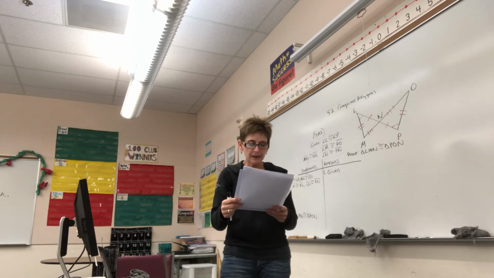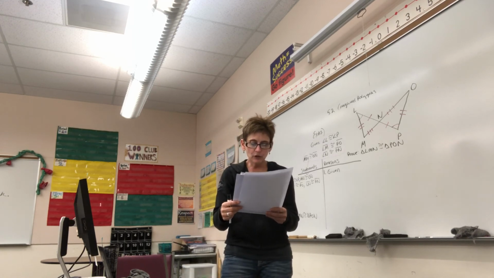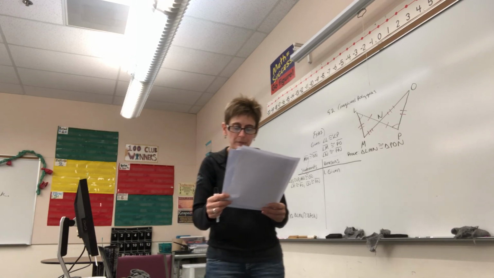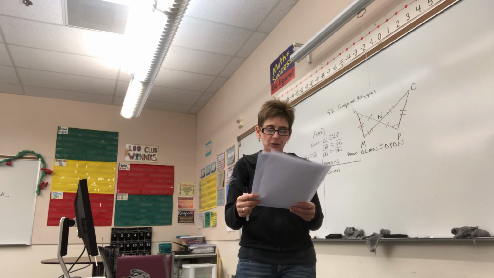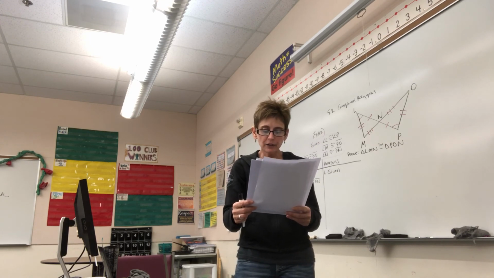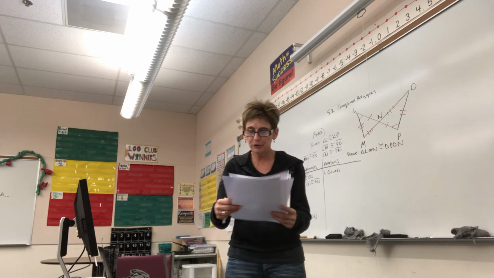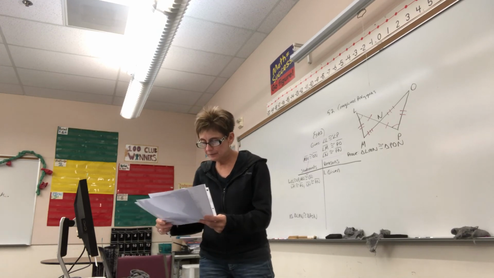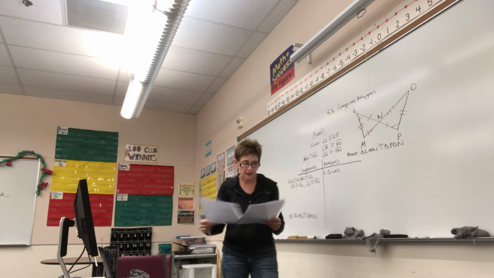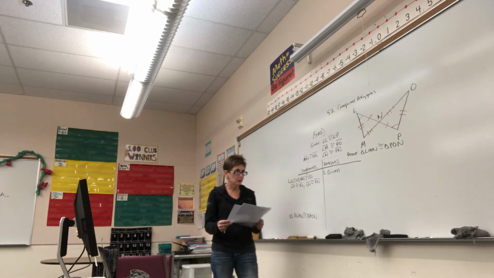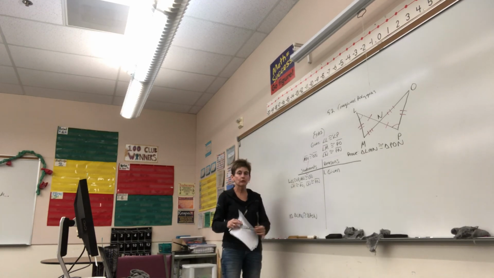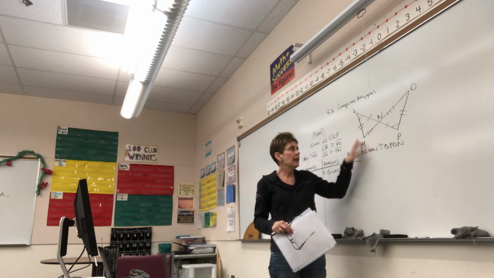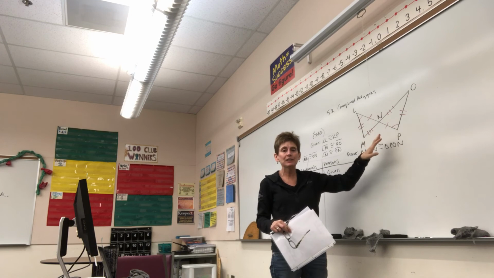Now, for step 5, it says, draw and or label your diagram and try to determine what missing information you still need to include in your proof. Check the word bank for chapter 5 proofs to get some ideas. So let's think about what's going on here. If I want to prove that these two triangles are congruent, I need to show that all 3 angles are congruent and all 3 pairs of corresponding sides are congruent.